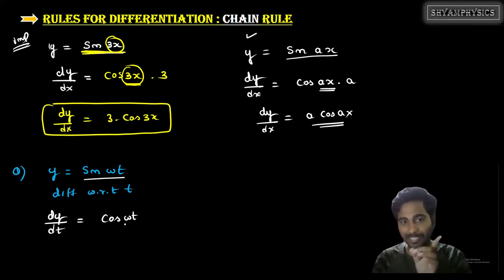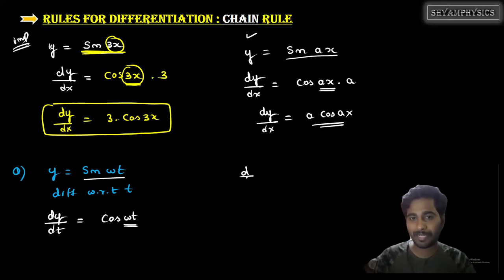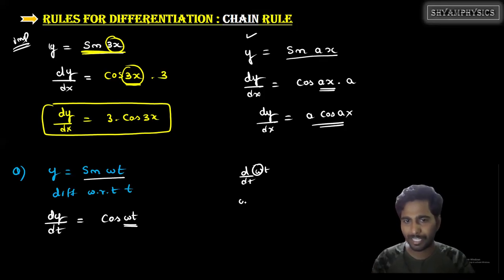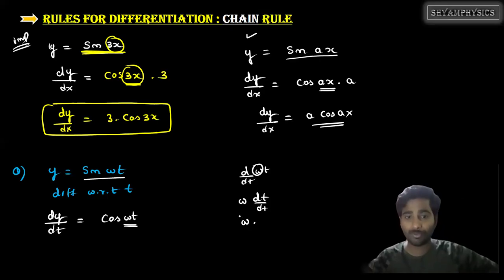Function change. Next, inside, omega t is there. For this omega t, again you need to differentiate with respect to time itself. So it is like this, d by dt of omega t. Omega is a constant. Take omega outside, it will be dt by dt. This dt by dt is value 1. So you'll get omega. That is what I actually did in two cases.